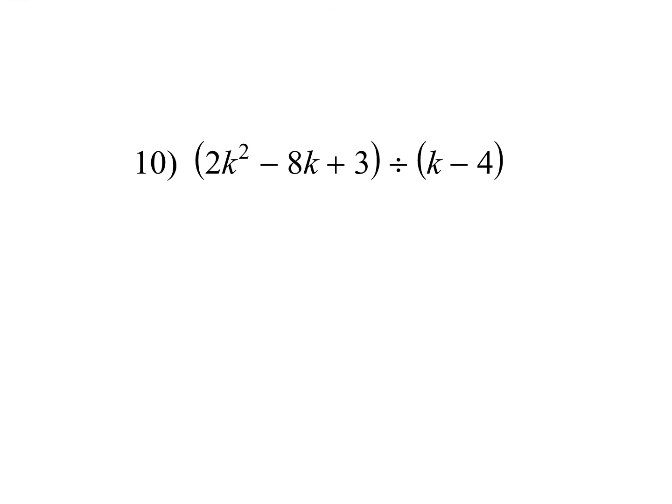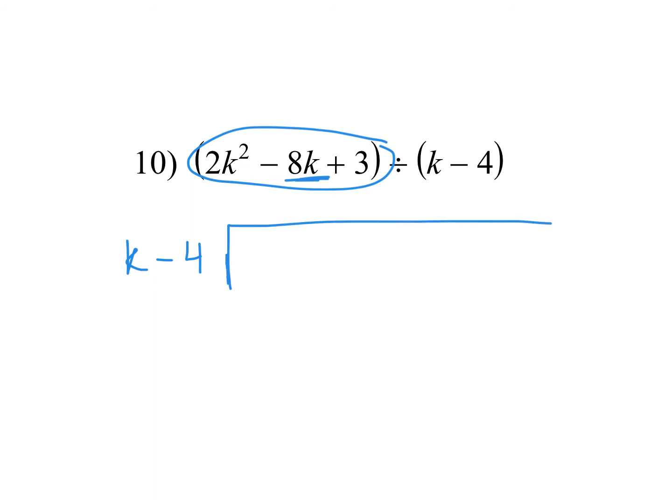Alright. So number 10. Are we missing any terms in here? We have a k all by itself. So we have k squared, we have 1, and then we have no k. So we're good. Since we started with squared here, we just need everything after that.